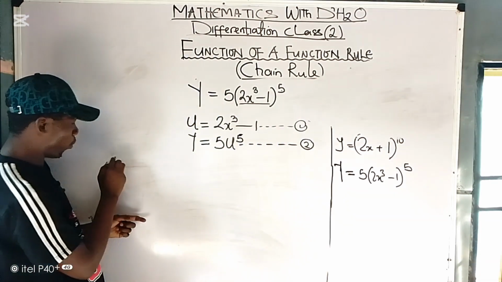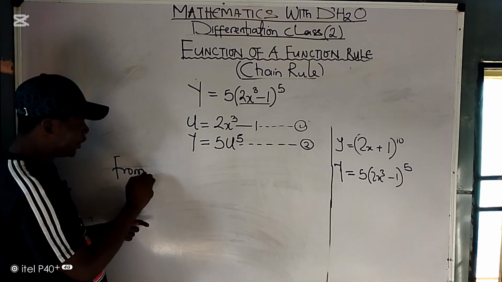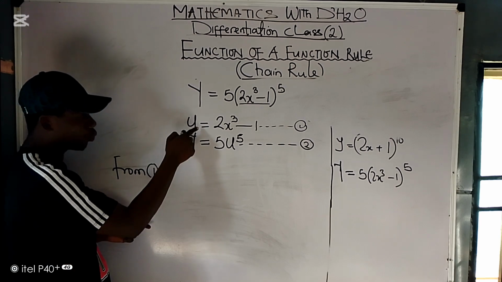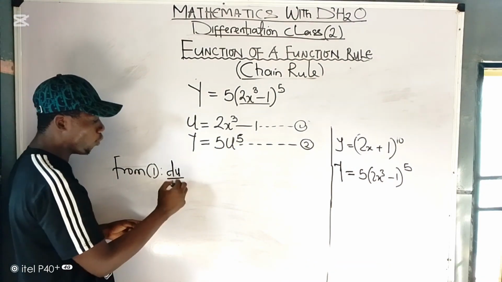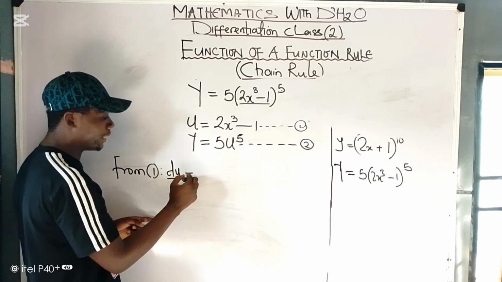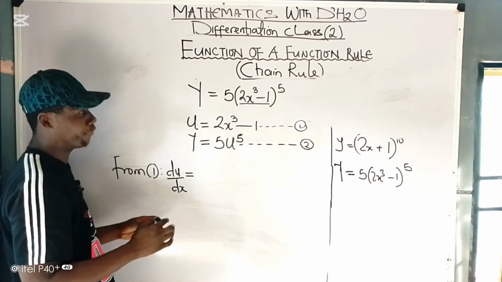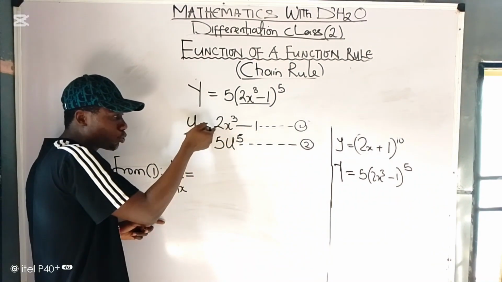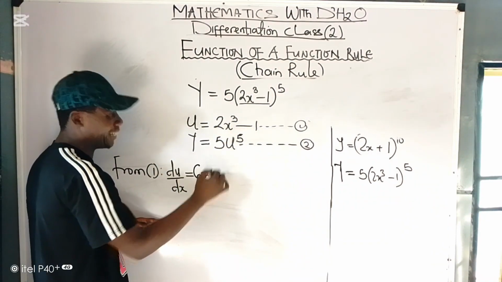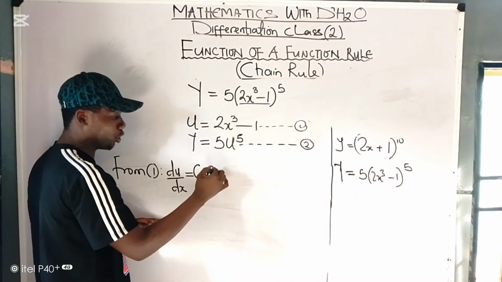So what do we do? Now watch this. From equation 1, you call it du over dx. So du over dx is equal to, watch this carefully, if I differentiate this one, I will use 3 times 2 to give me 6x, then I'll remove 1 from the power. It becomes 2.